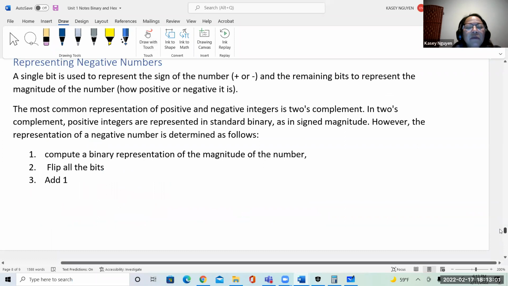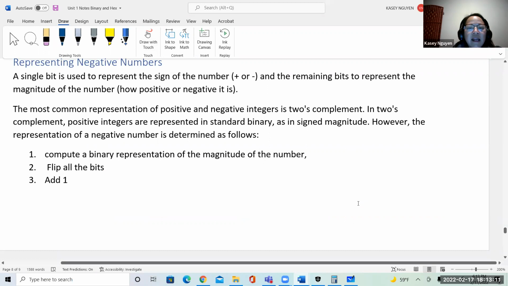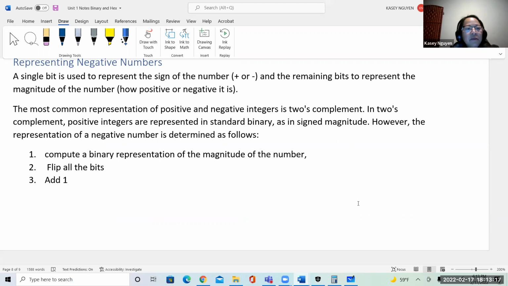Okay, so now we're going to get to the part for our exercises today. In this section of the notes, I'm on page 8, and then I'll take a look at the example in our lab as well. The way the system represents negative numbers is that we need to use 1 bit to represent the sign of the value.